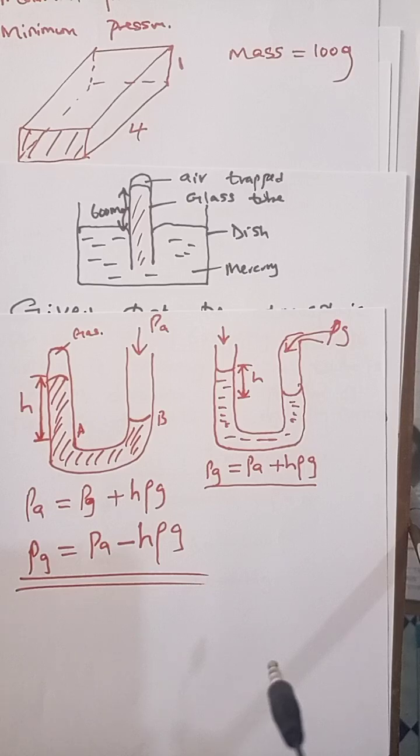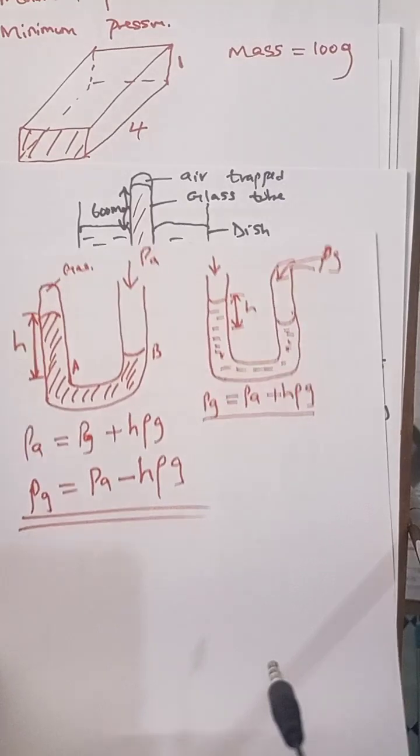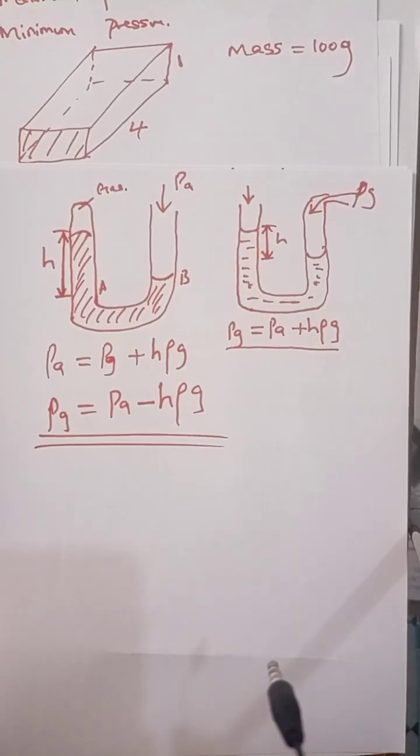So the other part is on the principle of transmission of pressure, and we say the principle of transmission of pressure states that pressure applied at one part of a liquid is transmitted equally to all the other parts of the enclosed liquid.